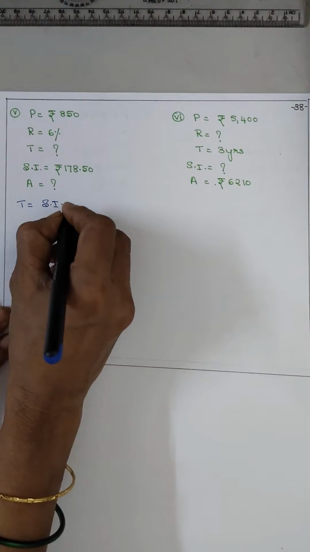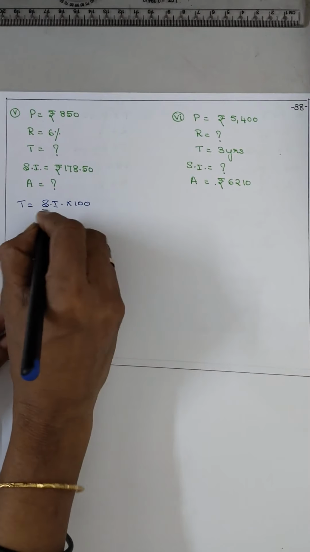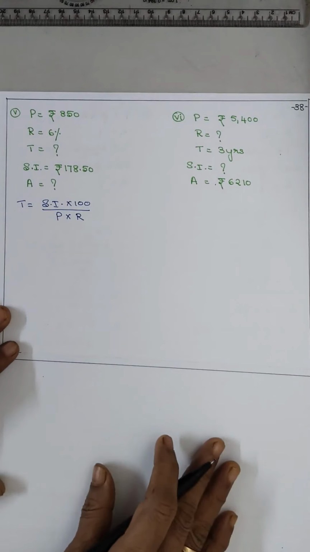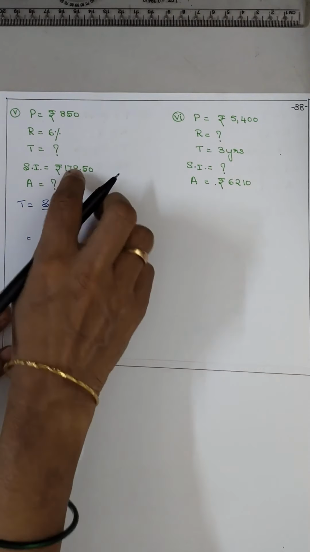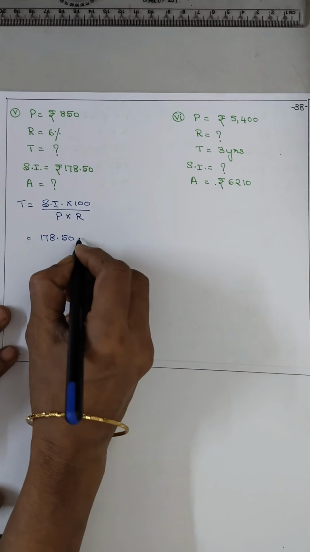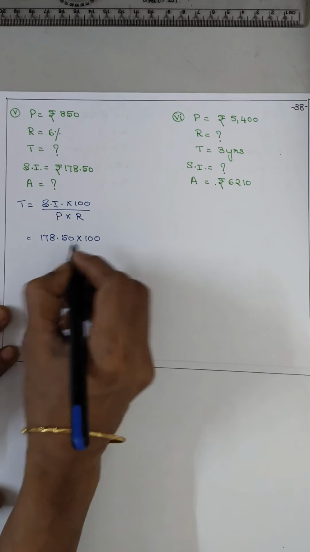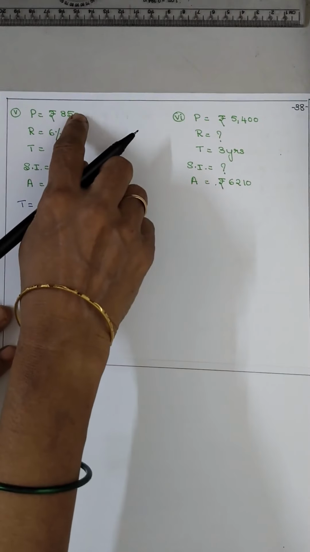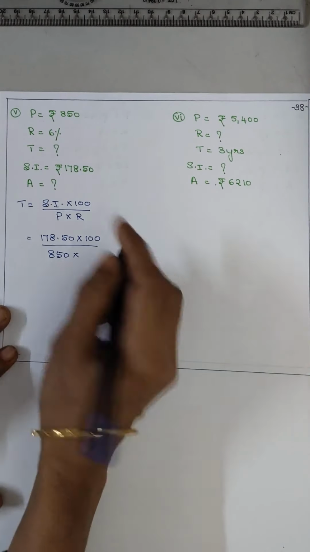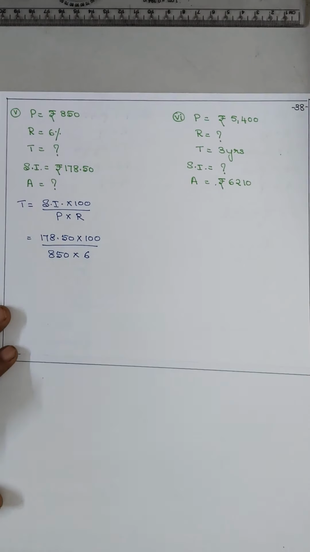SI into 100 upon P into R. SI 178.50 into 100 upon P is 850 into R is 6.